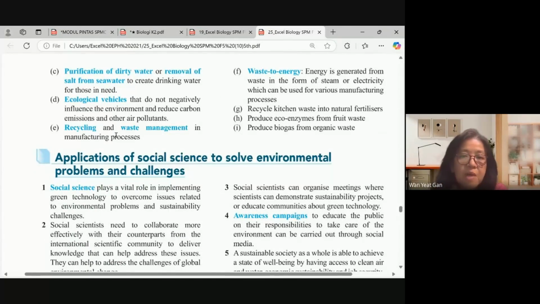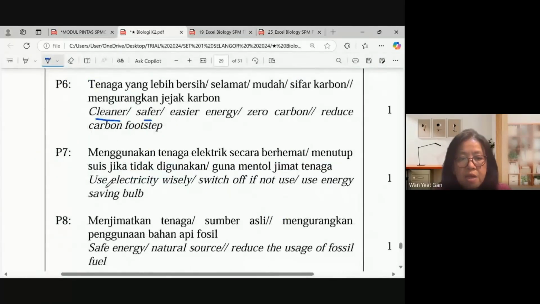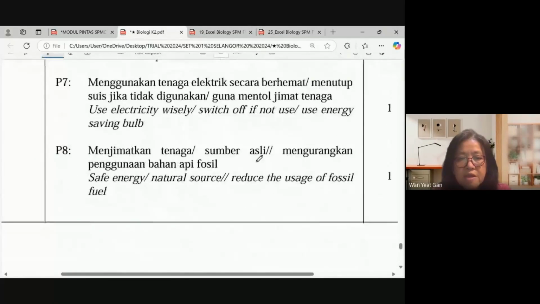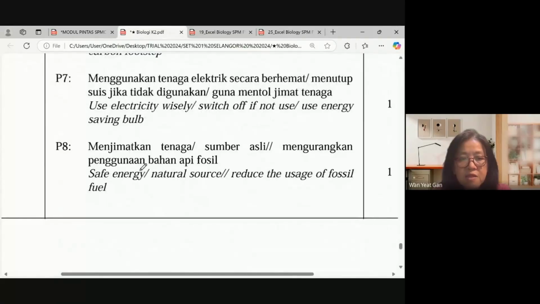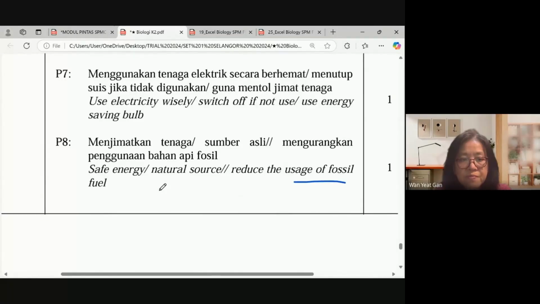These are some green technology methods. Use electricity wisely. Switch off. Use energy saving bulbs. Save energy by reducing the usage of fossil fuel.